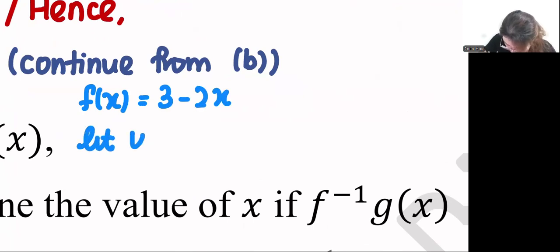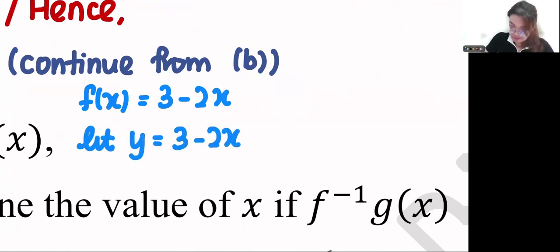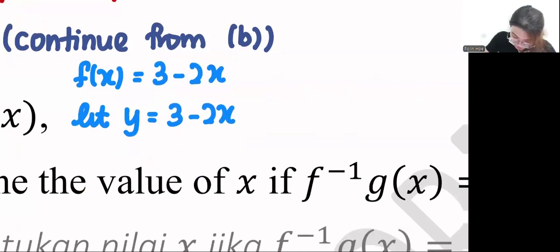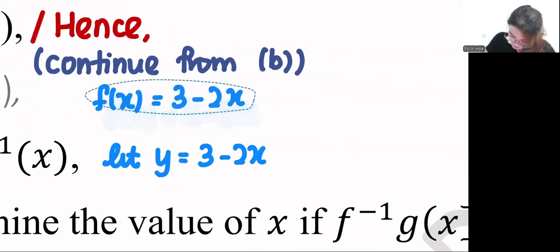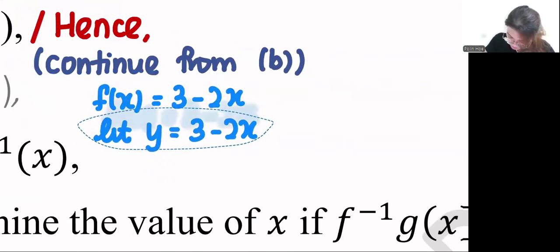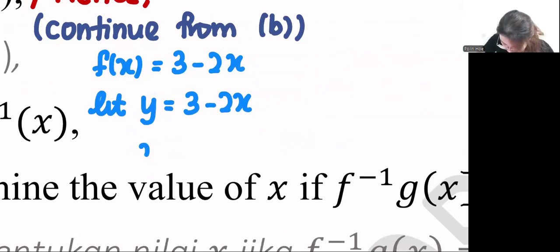Let y equals to 3 minus 2x, and you find x in terms of y. x equals to 3 minus y over 2.